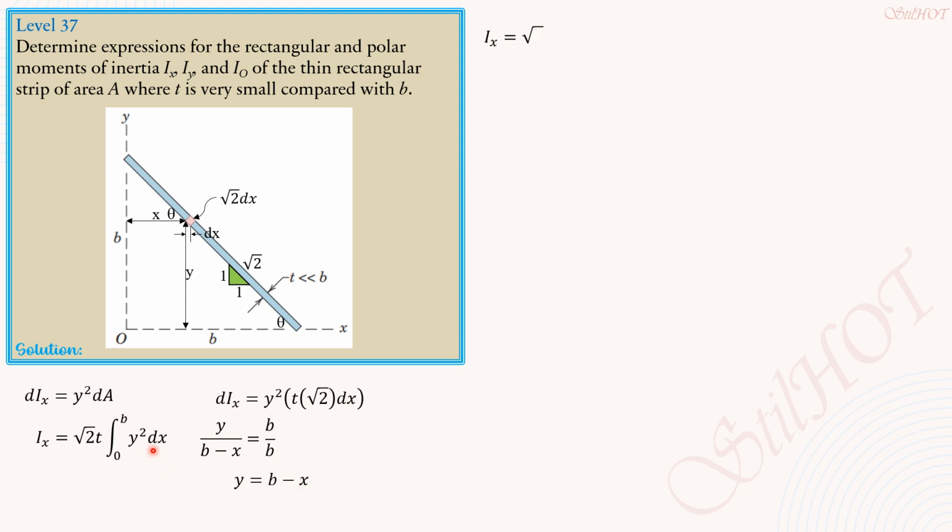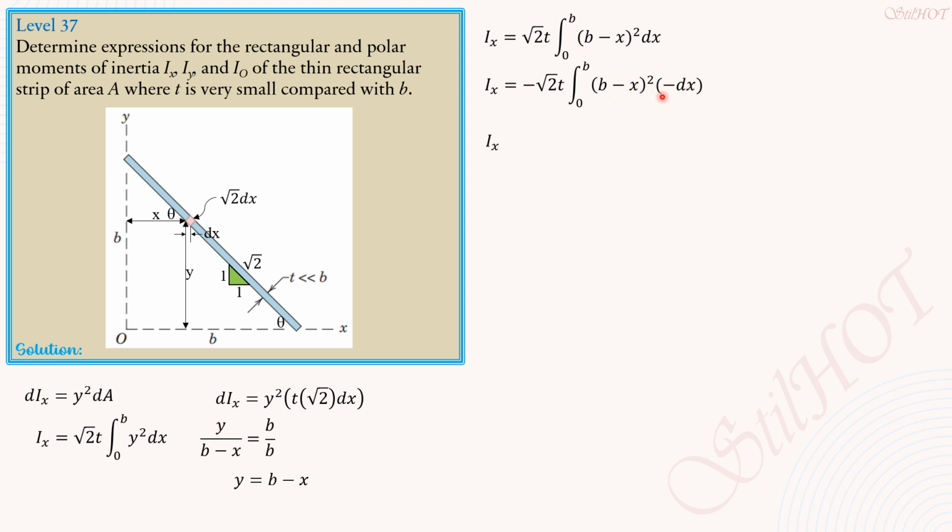Substitute here, Ix is square root of 2 times t, integral 0 to b of quantity b minus x squared dx. If we put u be b minus x, the differential is negative dx. So let's make this negative and put the negative sign before the integral sign: negative square root of 2t, integral 0 to b of quantity b minus x squared, then negative dx. Take note, this is in the form u squared differential u.